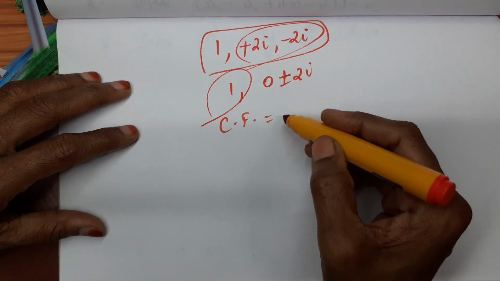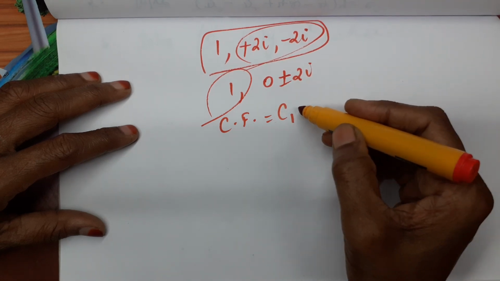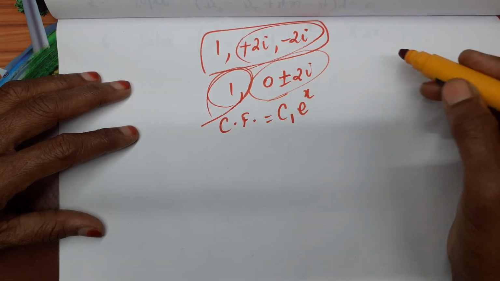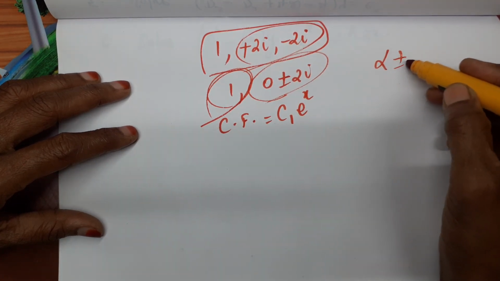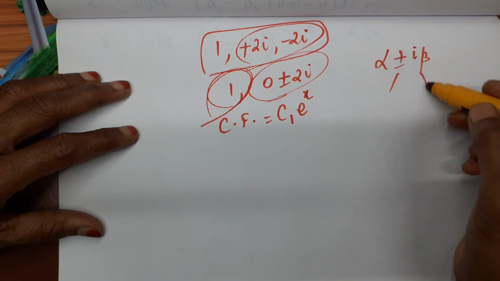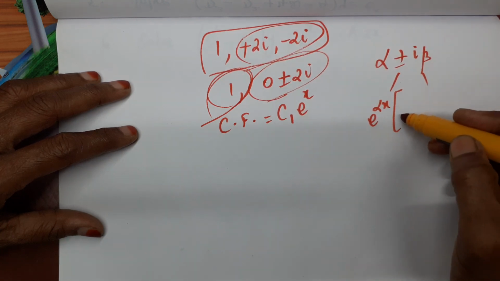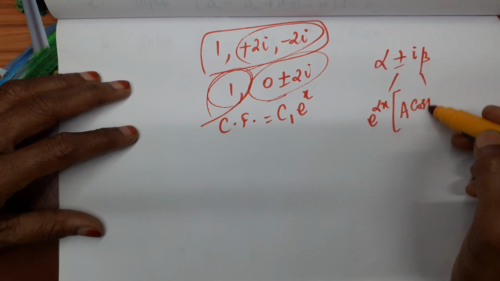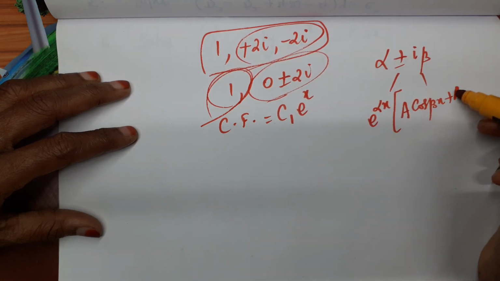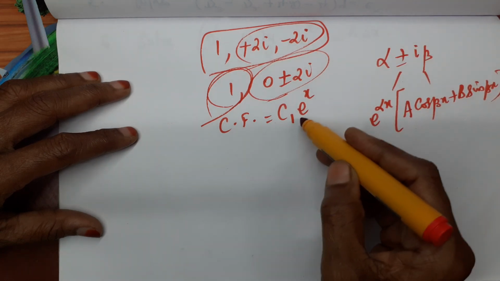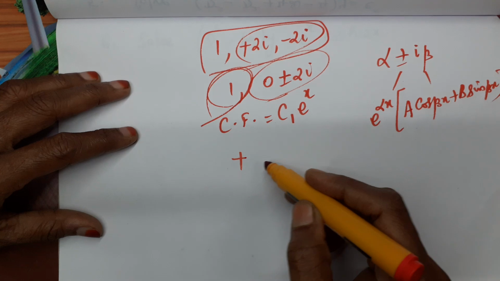How to write CF? For the root 1, the first constant into e power x. And if you have a root of the form alpha plus or minus i beta, how to write the complementary function? e power alpha x into constant into cos beta x plus the next constant into sin beta x, right? C1 I have already used.